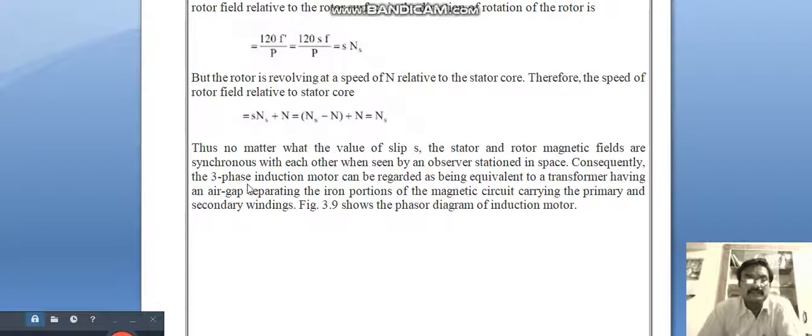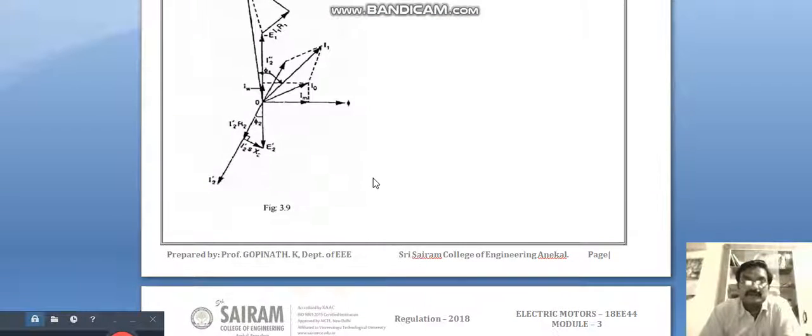Thus, no matter what the value of slip s, the stator and rotor magnetic fields are synchronous with each other when seen by an observer stationary in space. Consequently, the three-phase induction motor can be regarded as being equivalent to a transformer having an air gap separating the iron portions of the magnetic circuit in the primary and secondary windings. This is shown in the phasor diagram of figure 3.9.